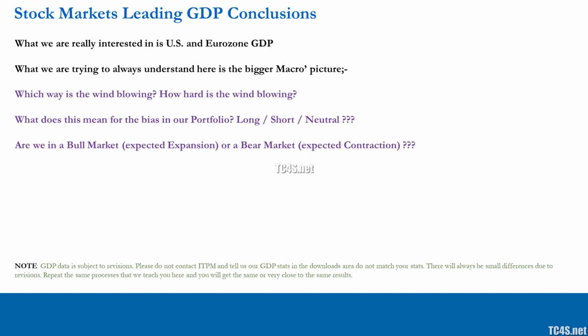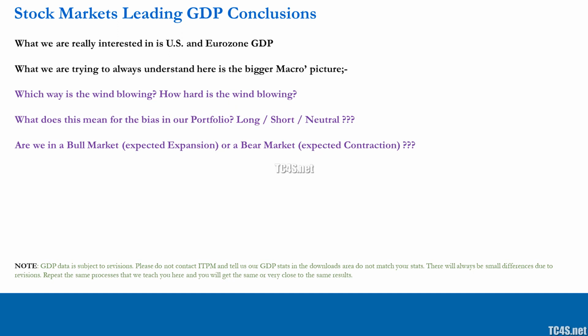What we're really interested in is the US and Eurozone GDP. That's what we're really interested in because that's what drives global GDP. What we're trying to always understand here as traders, portfolio managers, is the bigger macro picture, the bigger macroeconomic picture.